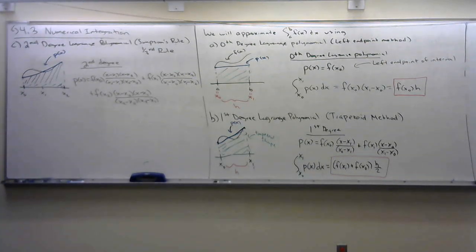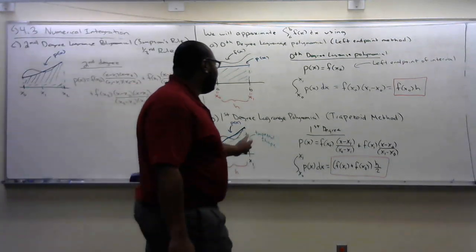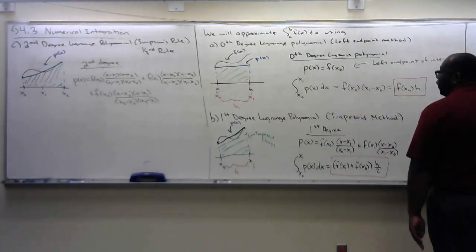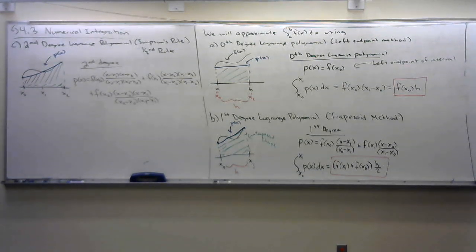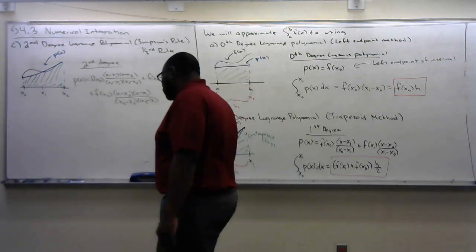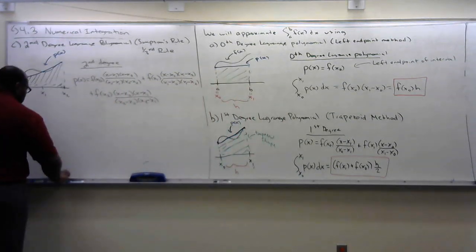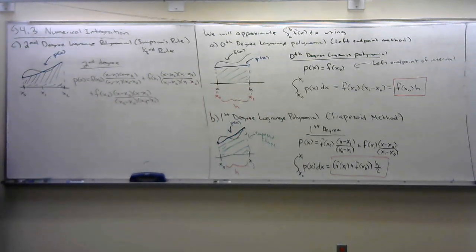But just like we did with the 0th degree and the 1st degree polynomials, we're just going to integrate this polynomial over the interval from x naught to x2, P of x dx.